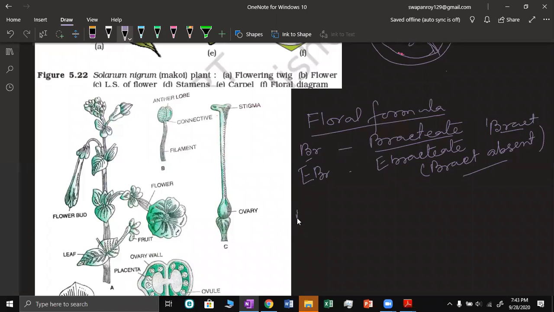After that, there is a complete flower or incomplete flower. One is actinomorphic. This is one symbol we use, just like the medical one: a plus sign within a circle. This plus sign within a circle is for actinomorphic.